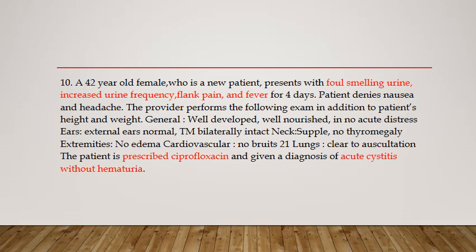So MDM is not directly given, we have to find it out. For that, first we have to identify the problems. Here in the beginning, many minor problems are given, and in the end the diagnosis is given as acute cystitis without hematuria.